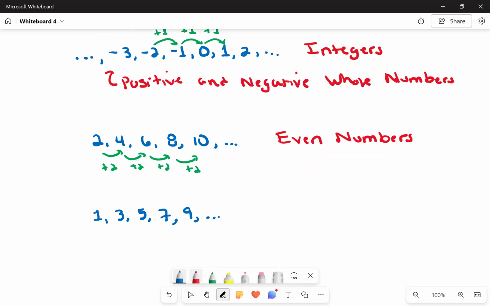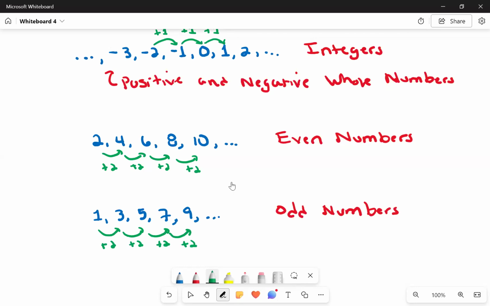The odd numbers, also, just like the even numbers, if you look at how the numbers are increasing, they're also increasing by 2, which is a little bit weird because most of us associate 2 with the even numbers.